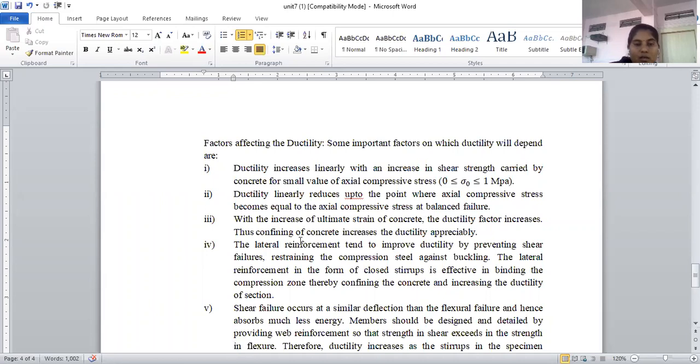Third parameter is here. With an increase in ultimate strain of concrete, the ductility factor increases.